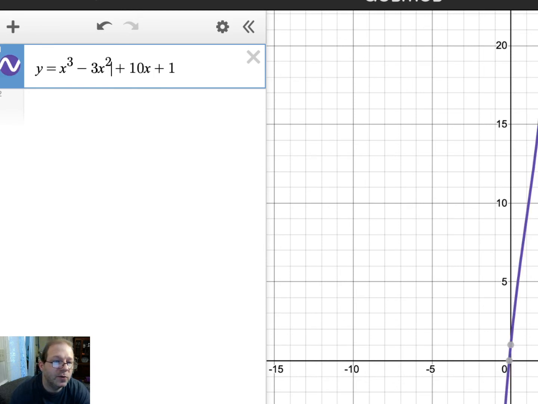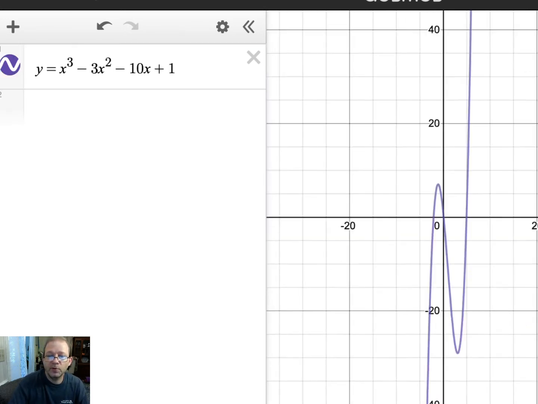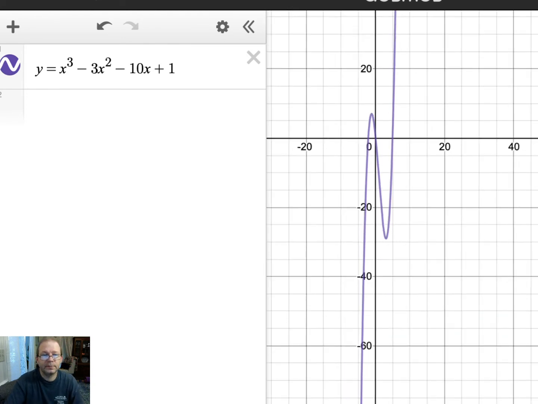I want to change one of these to a negative to make the graph a little more interesting. But we've got this graph here. And as x gets big, the interesting thing is 3x squared, 10x, and 1 become insignificant, because when x gets big, that x cubed is going to grow so much faster than the other terms. It's going to be the boss that determines whether it goes up or down.